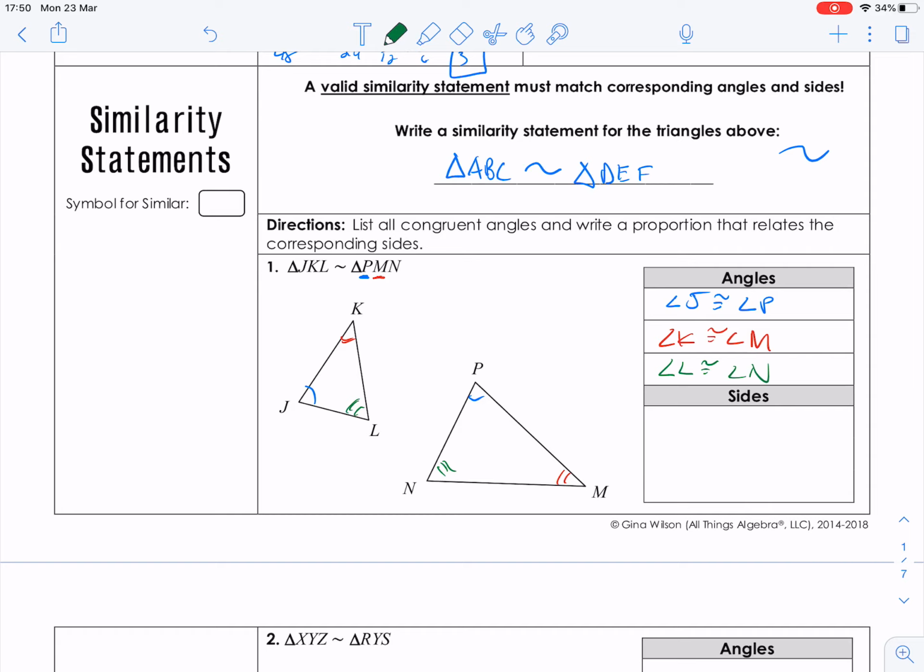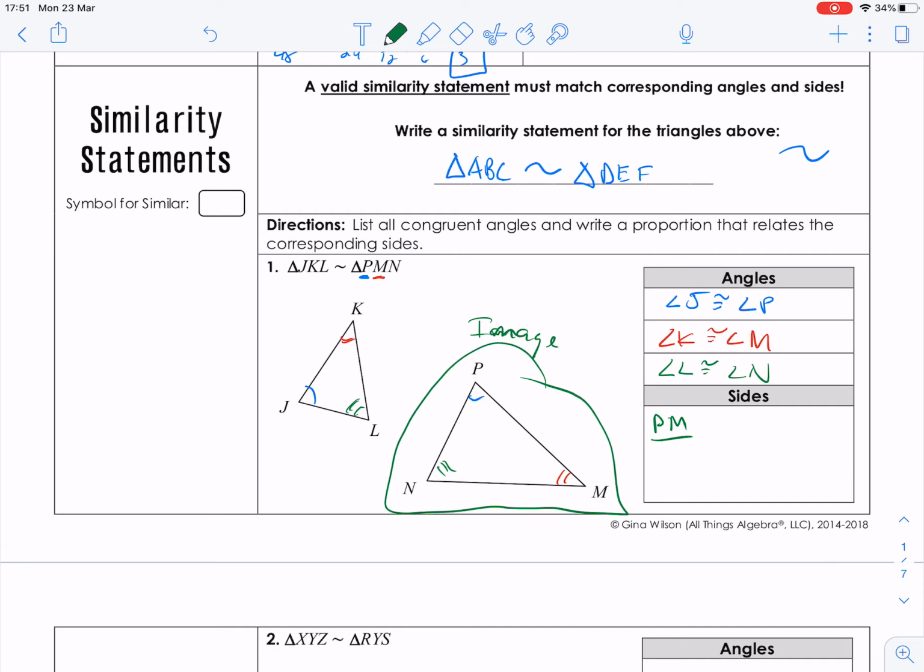Okay, so we are going from the left one to the big one. So let's say this guy is our image. We don't know, and since we don't know, I would just choose one. Doesn't matter. Just make it consistent. So if we are taking side PM, what goes with PM? The blue and the red.